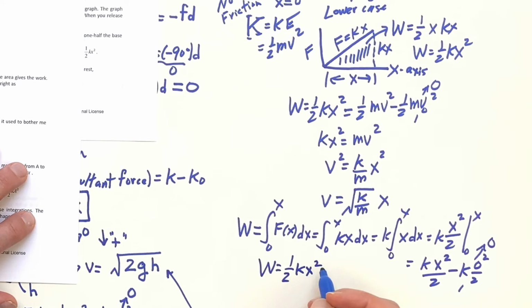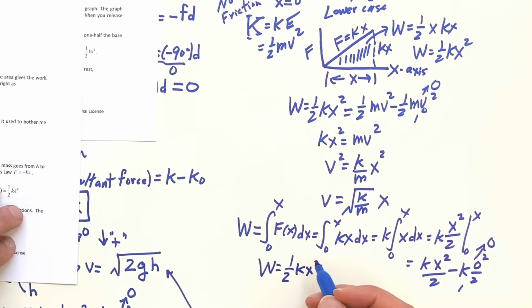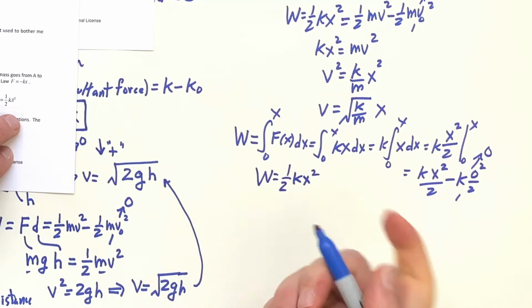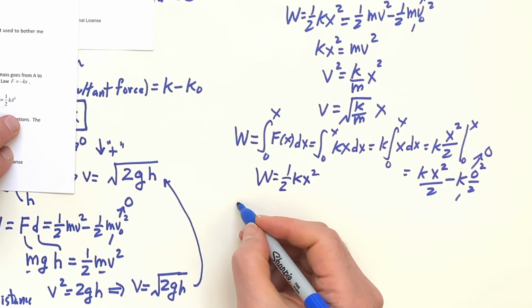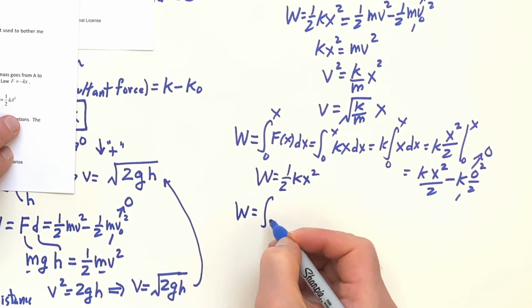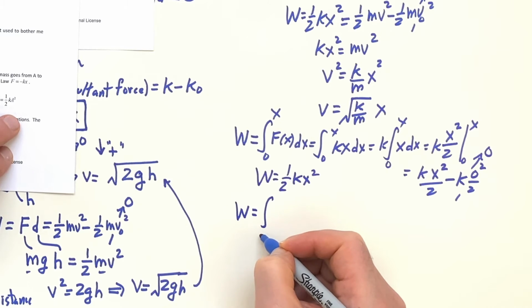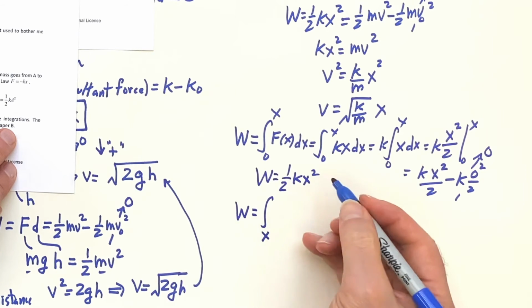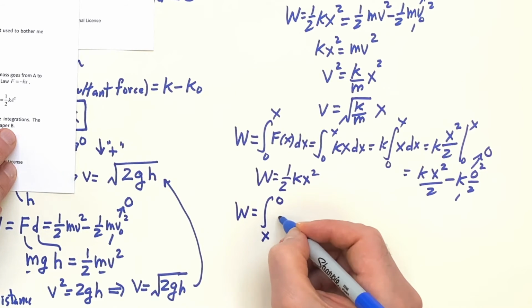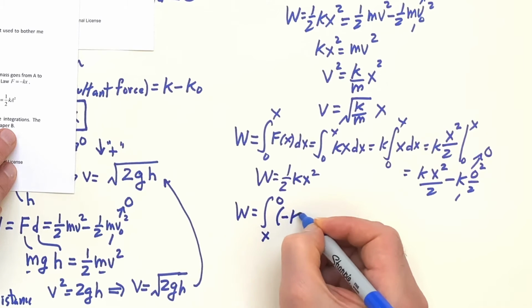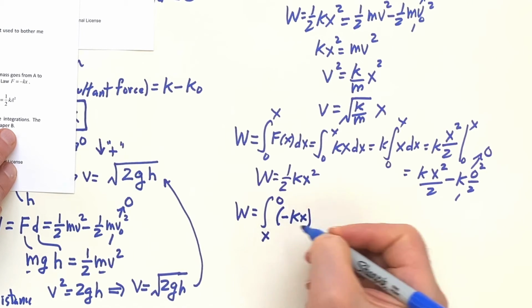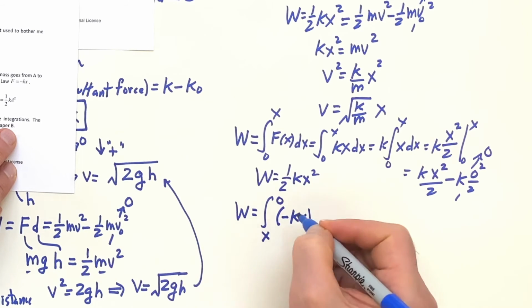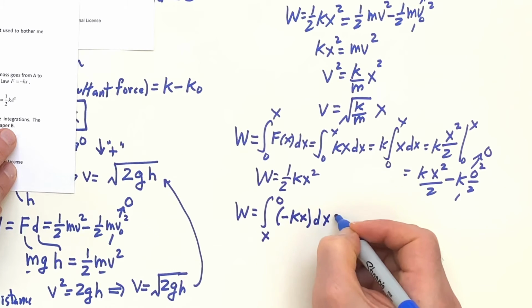I would like to show you that when the spring is pulling the mass back, it does the same amount of work. So here, we're going to go from x to 0, and the force is going to be minus kx because it's pulling to the left now, and we're moving from x to 0, dx.